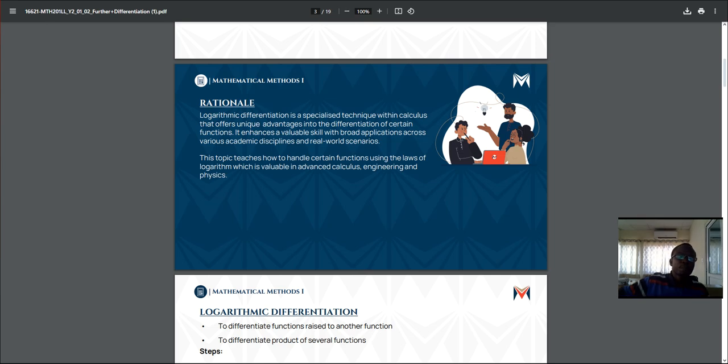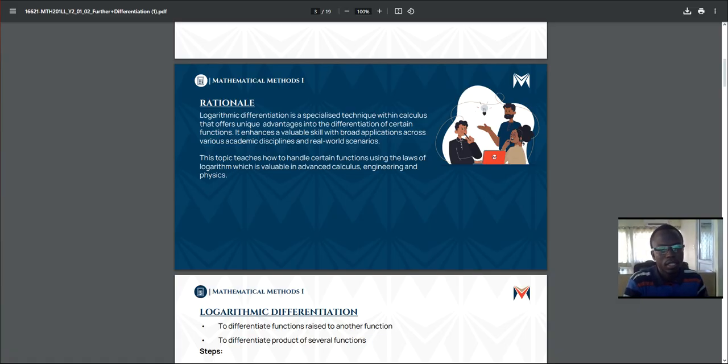Now what if you are given a function that you cannot apply, let's say you cannot apply the power rule, product rule, or any of the rules that we treated? What can you do? That's where logarithmic differentiation comes in.